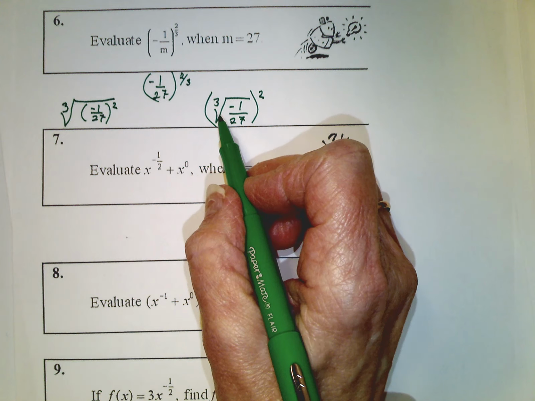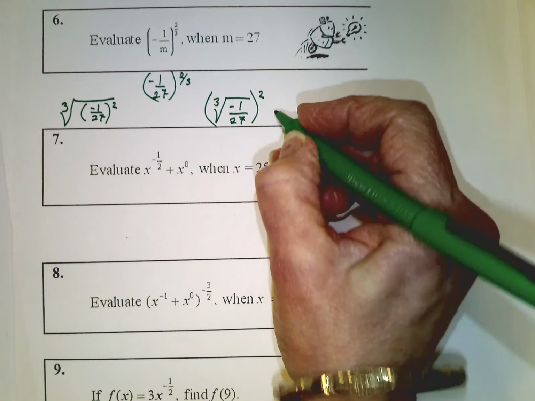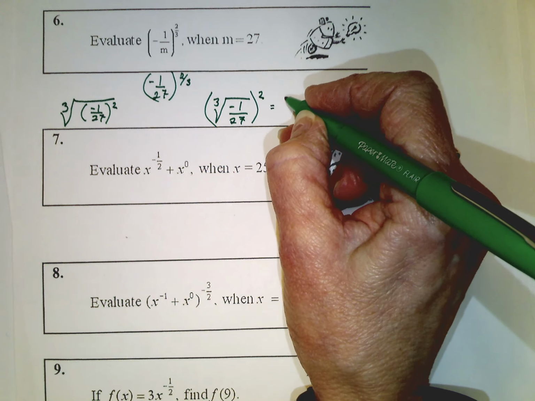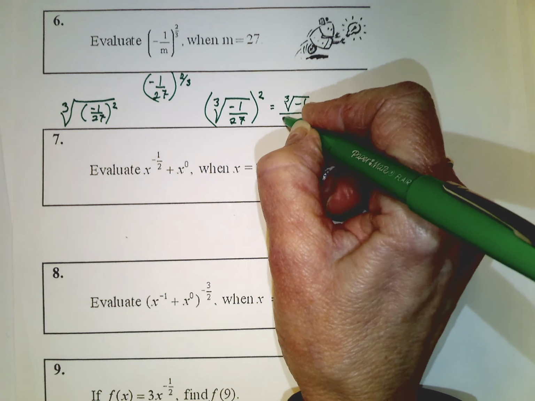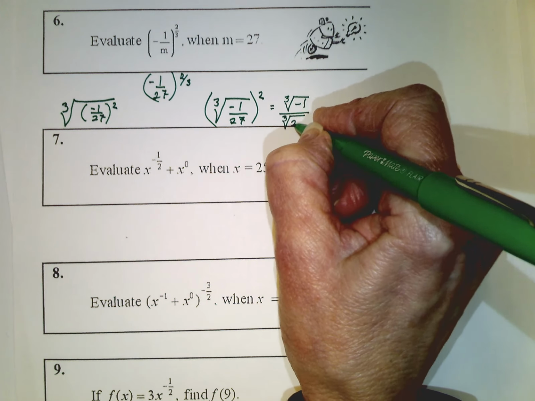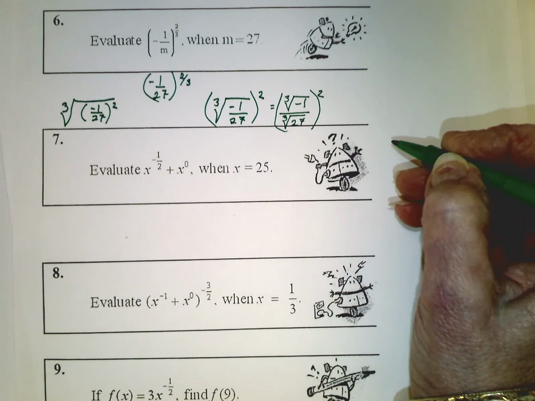We can take the cube root of this. We could further make it, if that'll make it easier for you to see, the cube root of -1 over the cube root of 27, and that whole answer is going to be raised to the 2nd power.